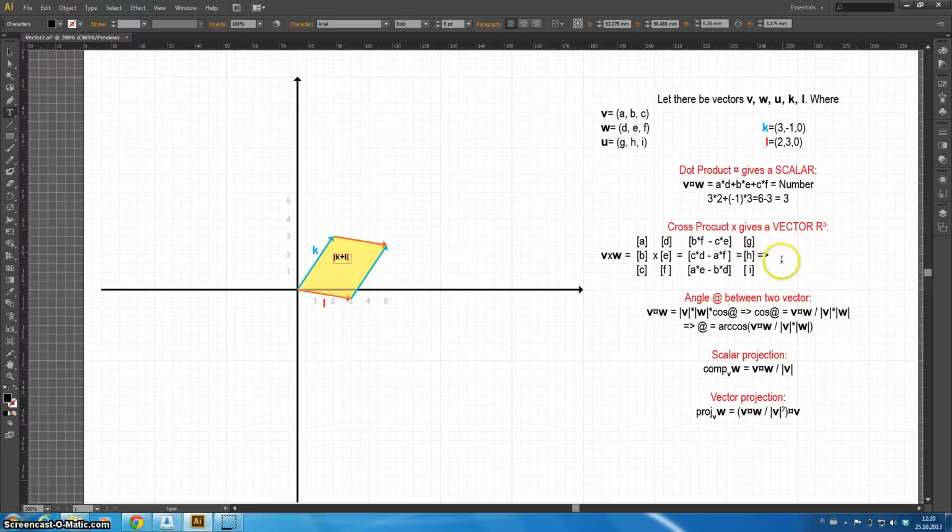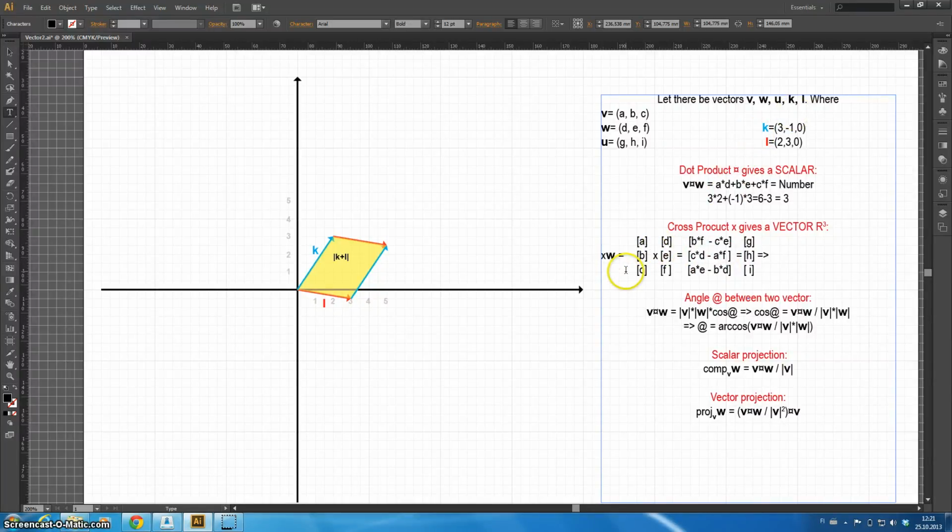So how does this work practically? We find those two vectors by this formula.